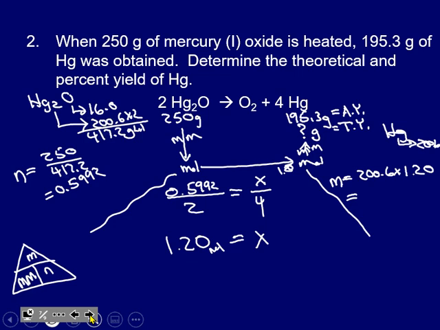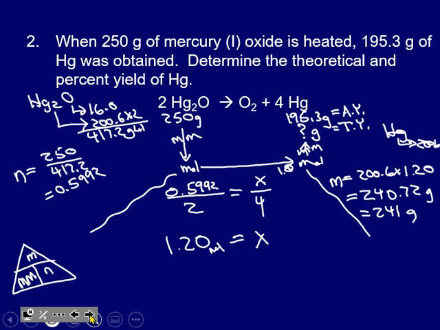Did I move too fast? I wanted you guys to be ahead of me. What do you get? 240.72. That's plenty of digits, grams. We're comparing it to 250, so really 241 would do, right? Grams. So there's our theoretical yield.